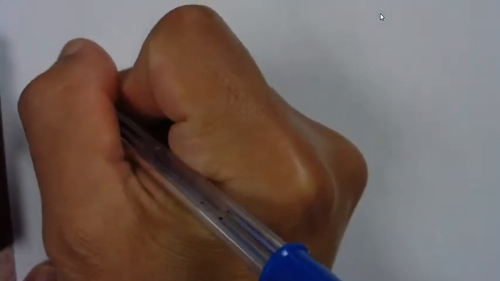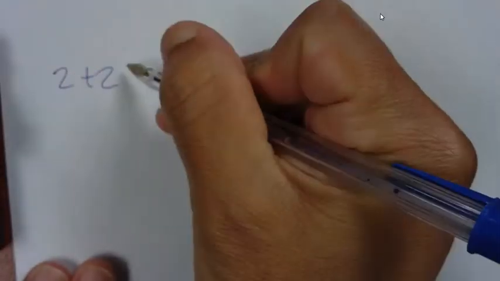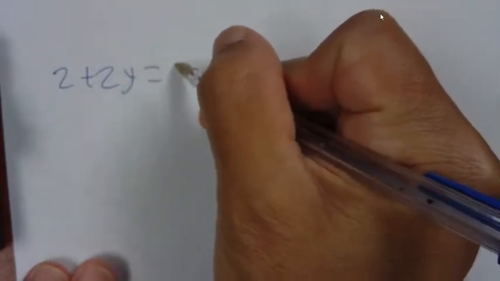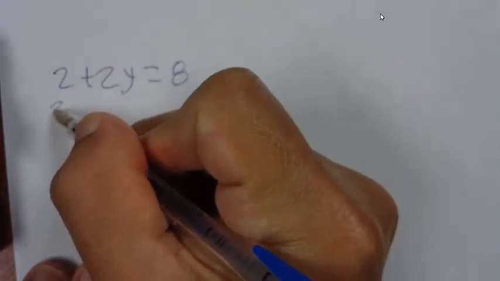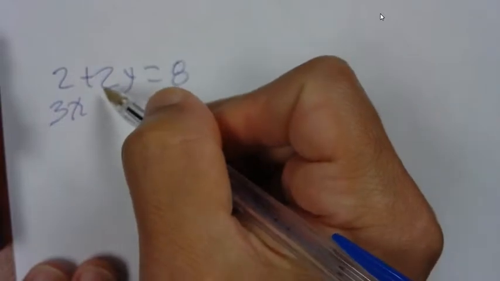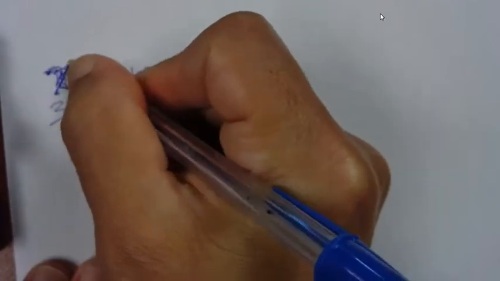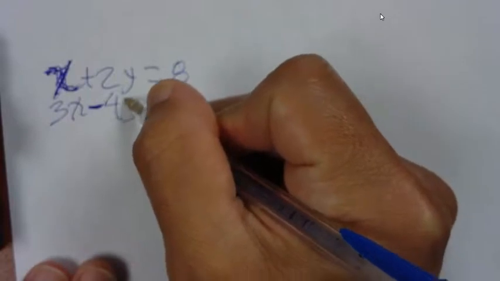Okay, so I'm going to write the equation x plus 2y equals 8, and the equation 3x, because this is a system of equations, remember, minus 4y, and you don't have to write this down.